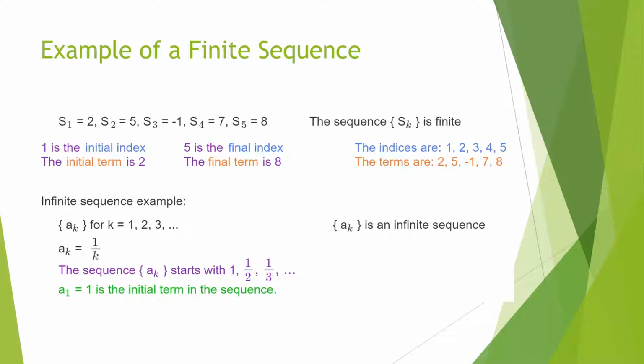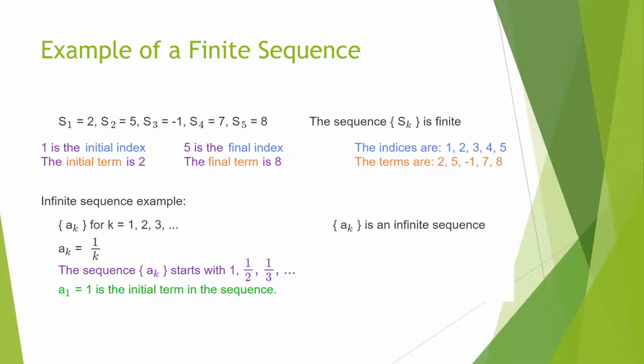Basically, this sequence S maps 1 to 2 and 2 to 5. It maps 3 to -1, 4 to 7, and 5 to 8. So this is how a sequence can be defined like a function.